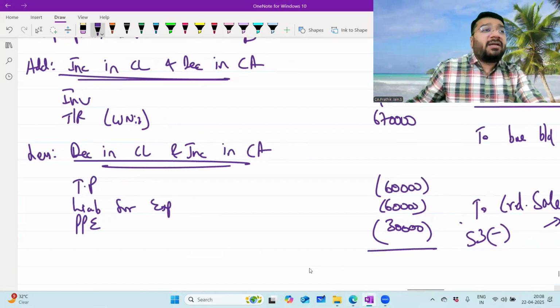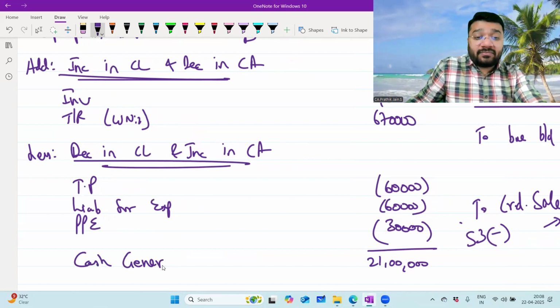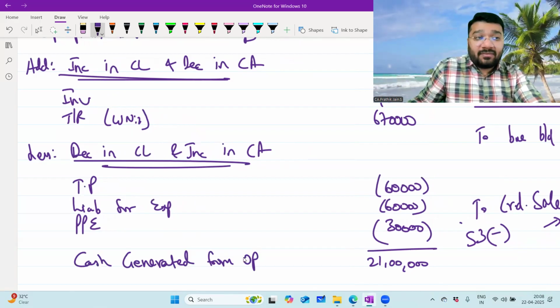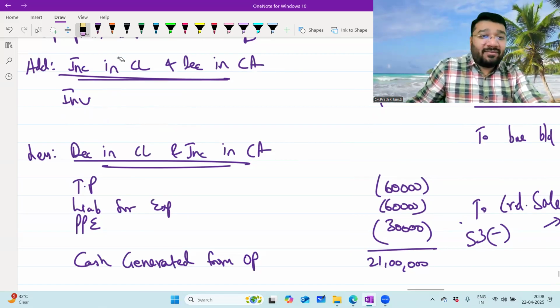Tell me what is the cash generated from operation? 21 lakh. Wow. Cash generated. Doubt again. Trade receivable, what am I supposed to do? Add or minus? Minus. Then why did you put add?